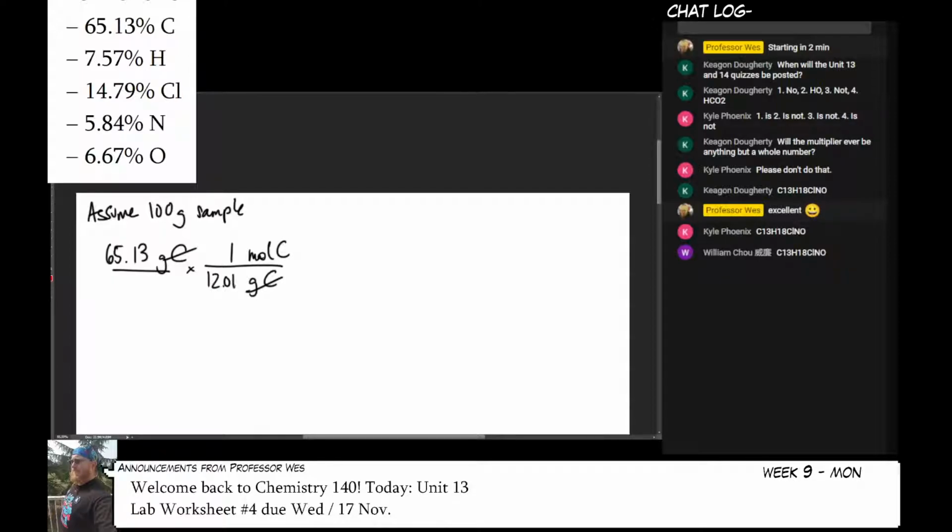1 mole of carbon is 12.011 grams, according to the periodic table. And how many moles is that? I have 5.423. All right. Then we'll do hydrogen. So we'll turn that from grams to moles.